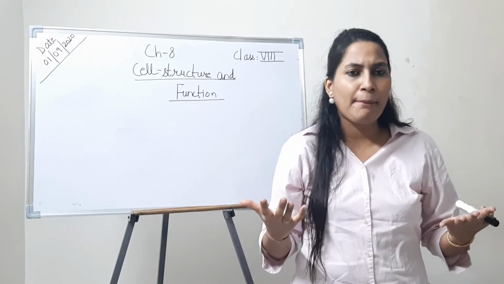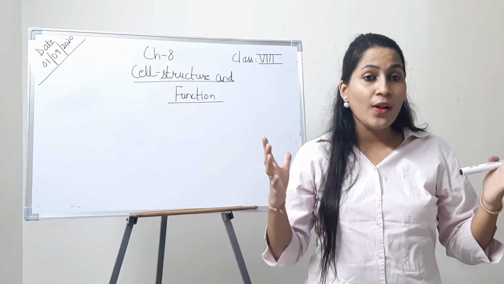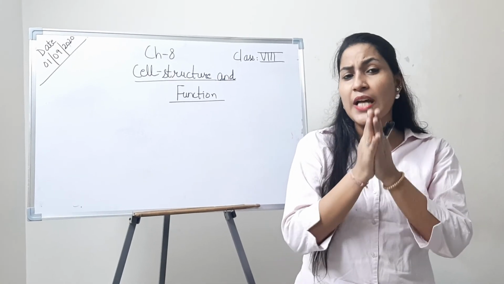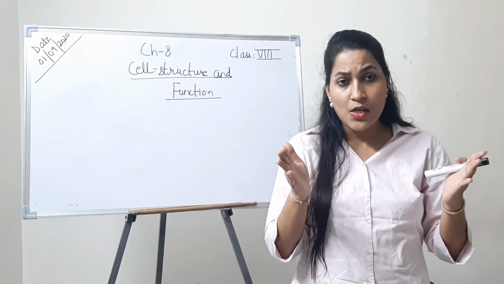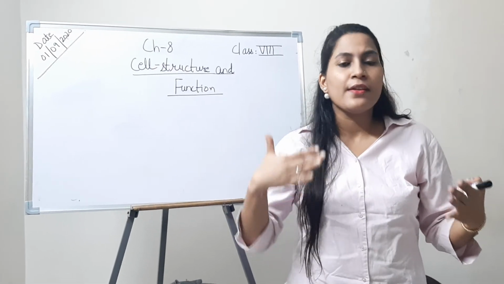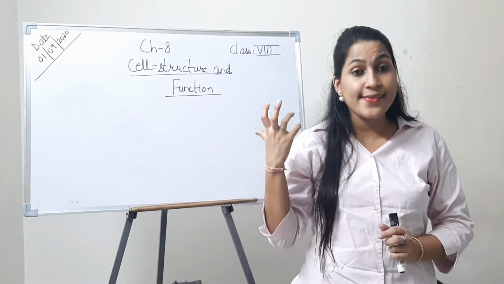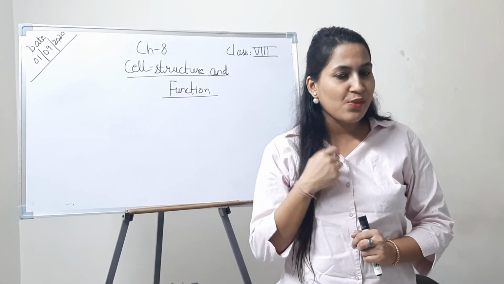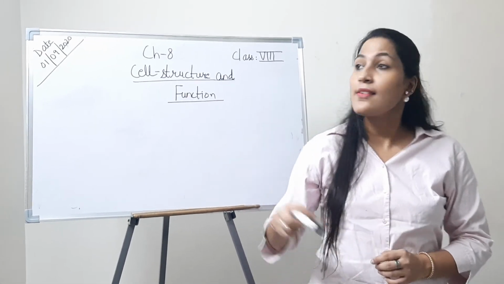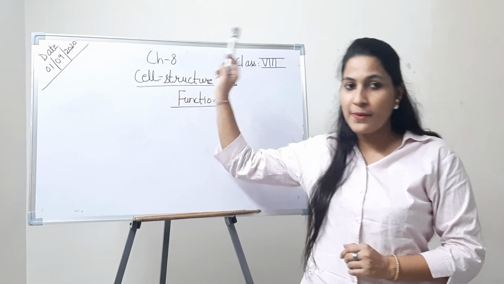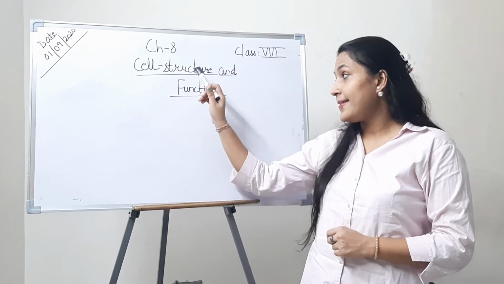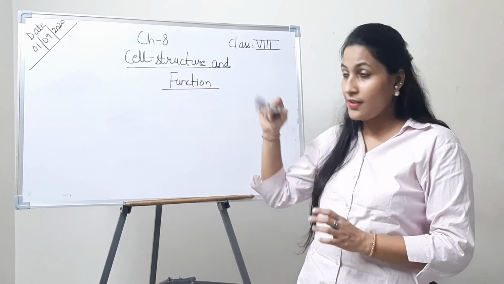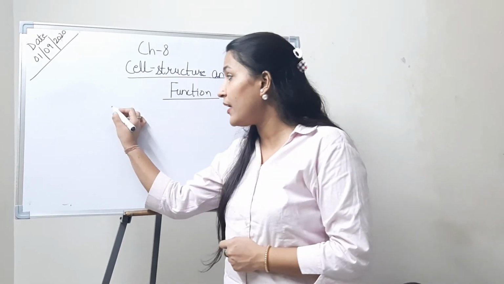Similarly, it also happens with us. You all know that our body is made up of cells. In our body, cells are of various sizes. So, in today's class, we are going to discuss the next chapter, chapter number 8, cell structure and function. And students, you are all very well aware of it.